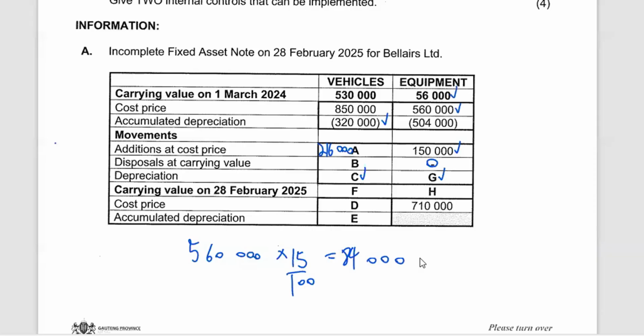So now, if our depreciation is more than our carrying value, we use what we call the 1 rand method. How do we implement the 1 rand method? We're going to say our carrying value minus 1 rand. Then we find our depreciation, which is going to be 55,999.